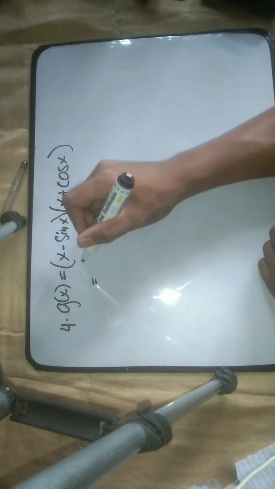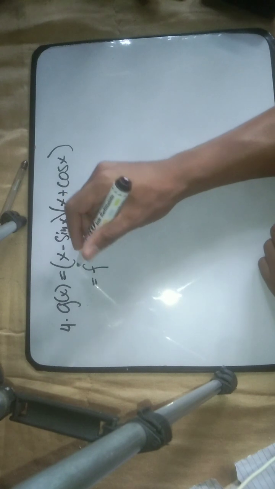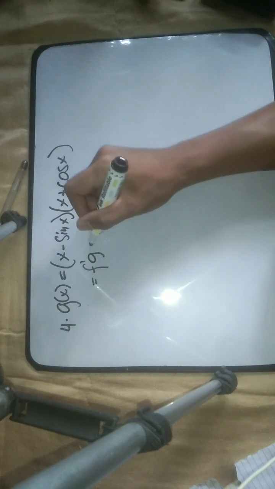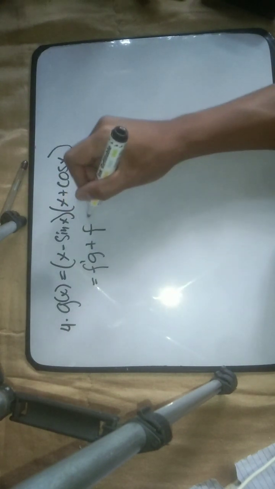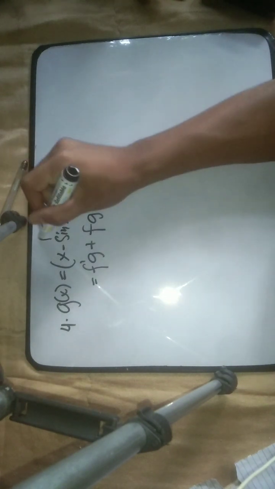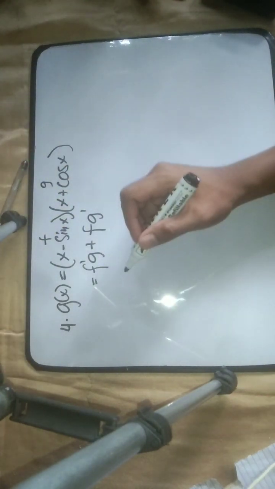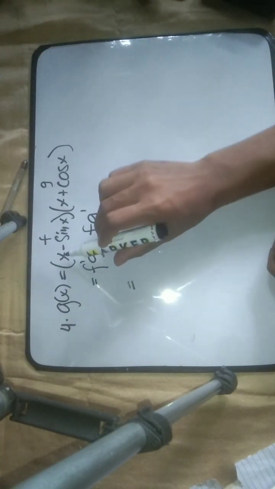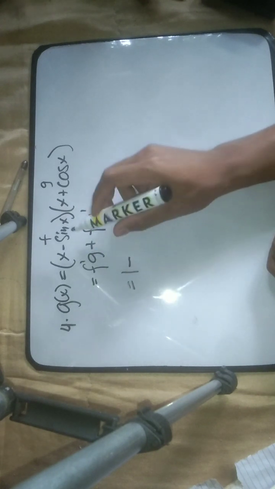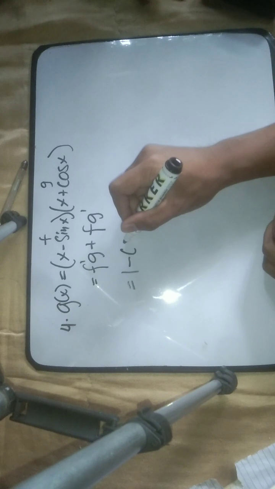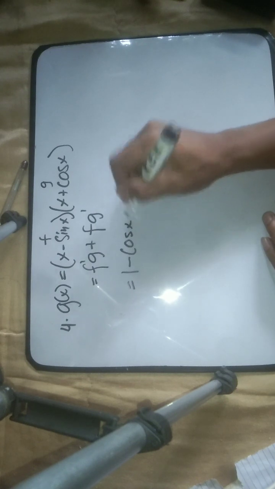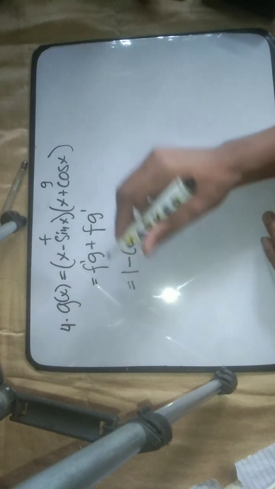Now in this function, we will use the formula of f prime, the derivative of f times g plus f times the derivative of g. Let's say this will be our f and our g. So the derivative of f is equal to the derivative of x, which is 1, minus the derivative of sine, which is cosine x.